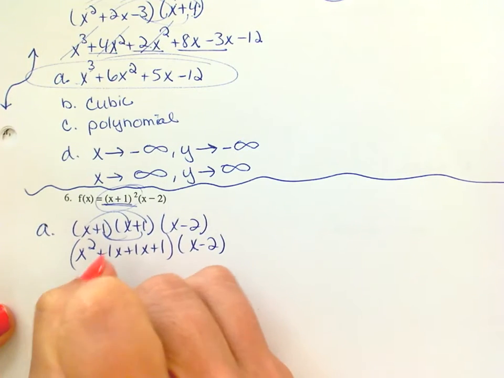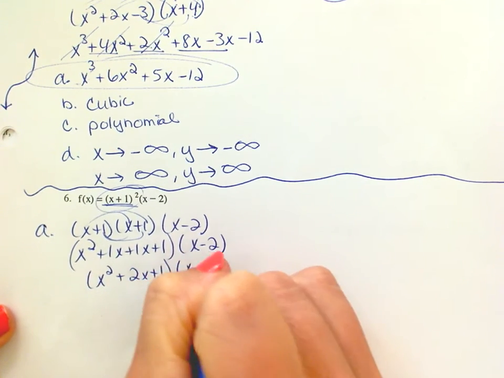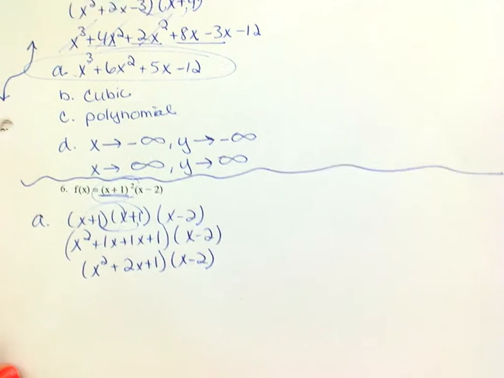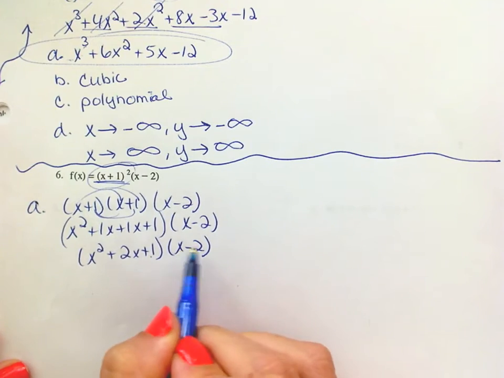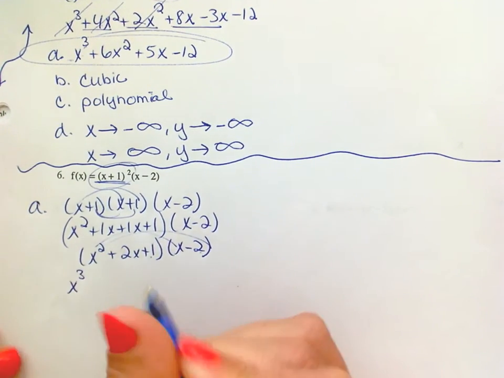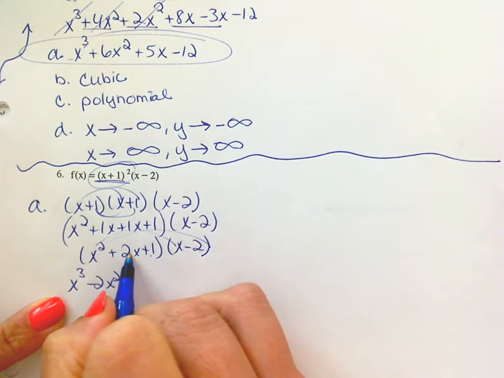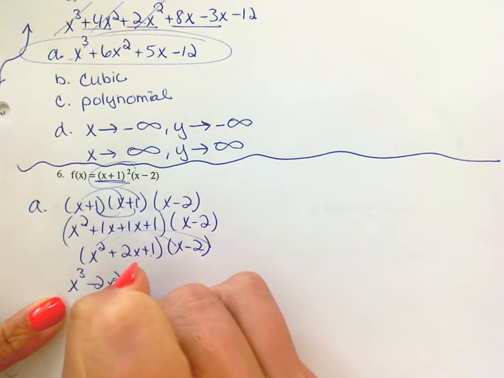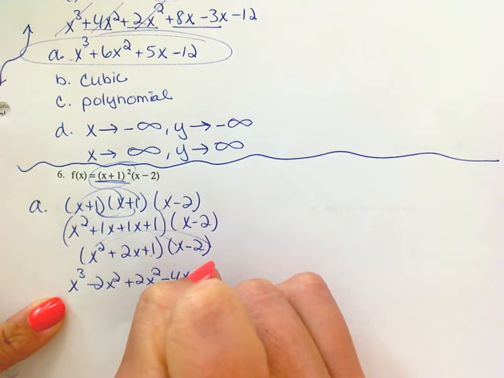Combine what you can here. We'll get x squared plus 2x plus 1 times x minus 2. And again, you have to distribute all 3 of these guys to the x and the 2. Got x cubed minus 2x squared. If I give the 2x to both of them, I've got plus 2x squared minus 4x.